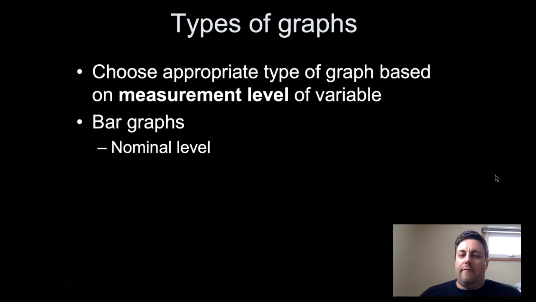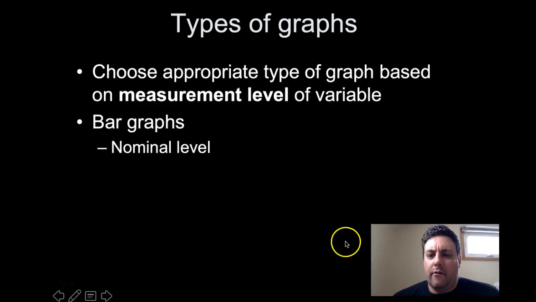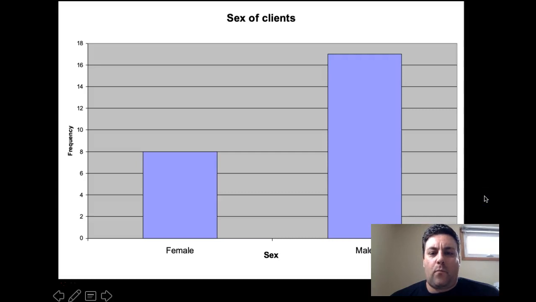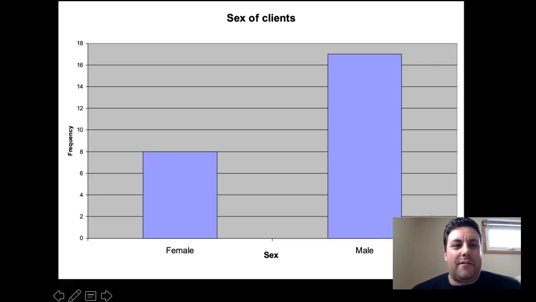So for bar graphs, you typically have data that's at the nominal level, nominal or categorical level of data. And here's a good example. There's just two categories.